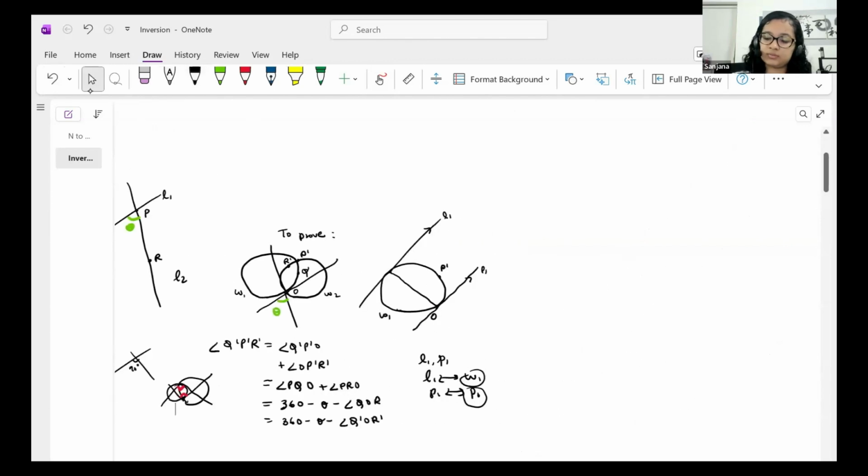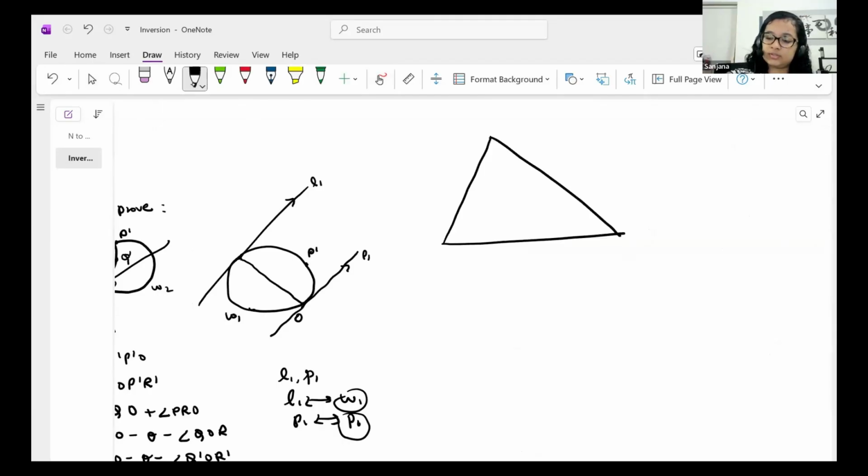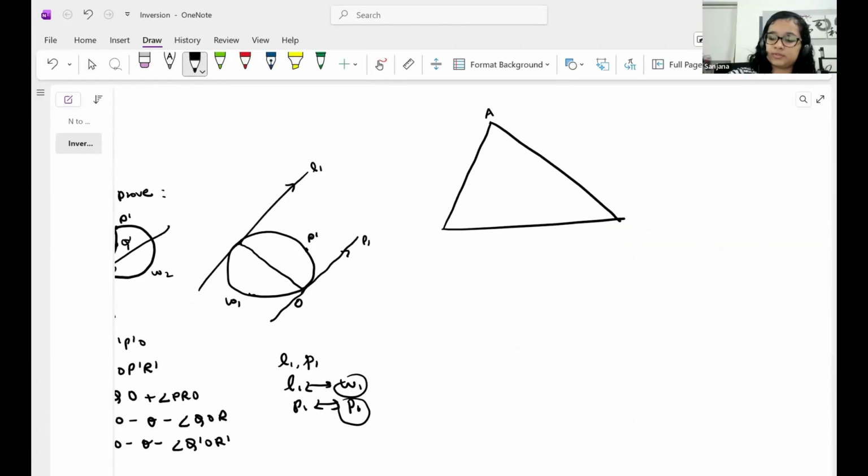So now let's go to some specific inversions. The first one is, okay, let's say we have an orthocenter configuration, and we have the feet of altitudes.